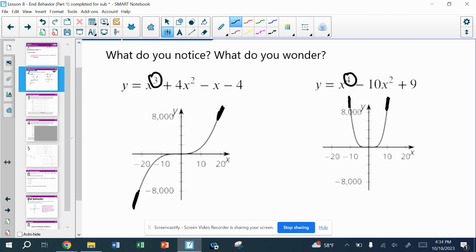The fourth degree, again, is the one where both ends are going in the same direction. And the third degree polynomial is where we've got different directions. We could wonder, does that always happen with third degree versus fourth degree? Does that happen because it's an odd exponent versus an even exponent? So that's something that we're going to be taking a look at.